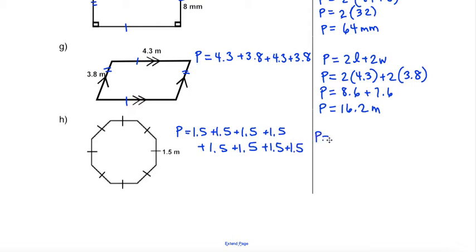Or because all of my side lengths are the same and I have 8 sides in an octagon, I can do 8 times S, where S is the side length, so 8 times 1.5. And 8 times 1.5 gives me 12. Include your units, which is meters.